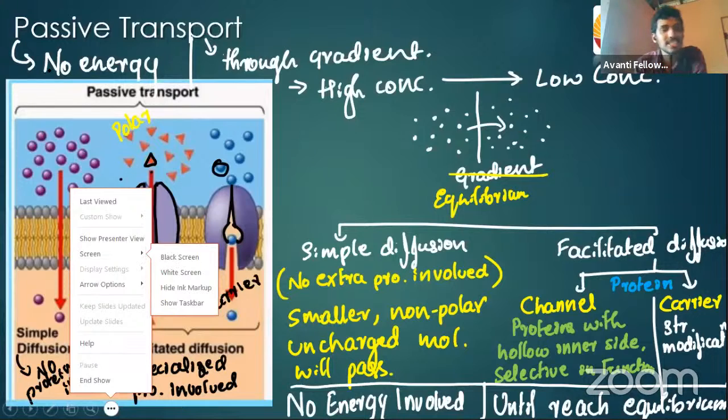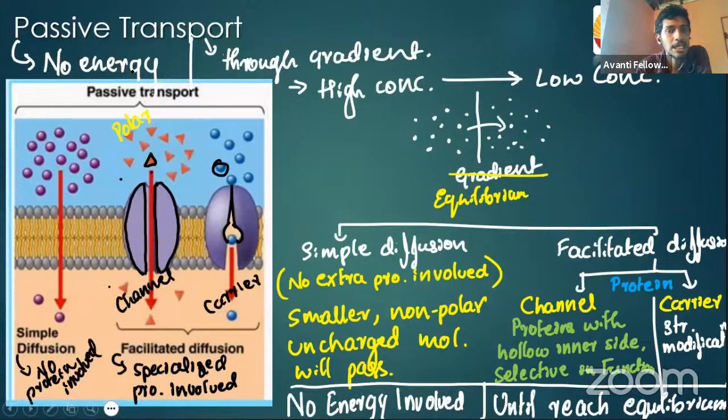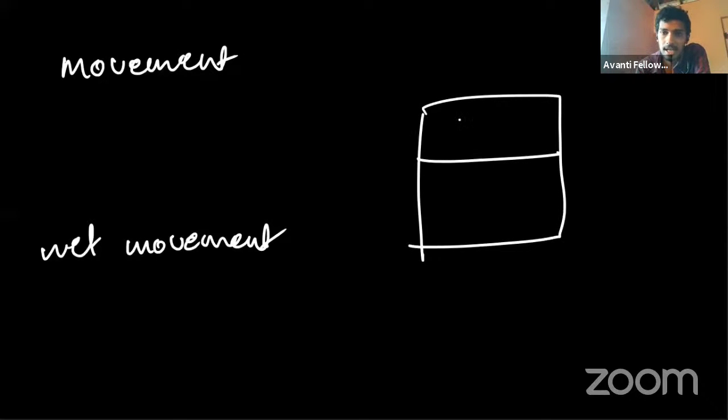What is the difference between a movement and a net movement? We will think about a membrane here. This is a really important concept. Think about a system here: 5 molecules are here, and only one molecule is here.